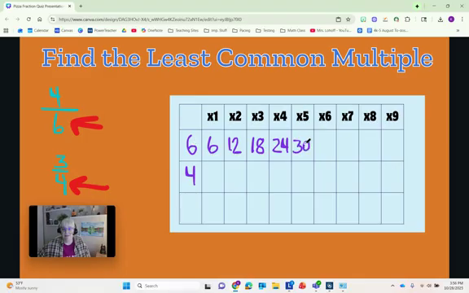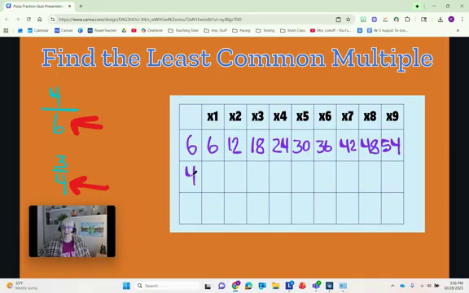So that goes in this box. 6 times 6 is 36. 6 times 7 is 42. 6 times 8 is 48. And 6 times 9 is 54. So we've completed the multiplication facts for 6.